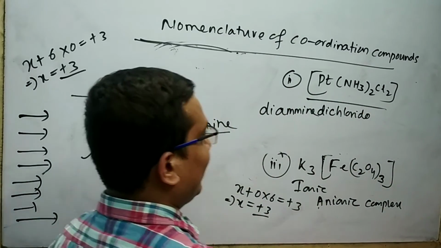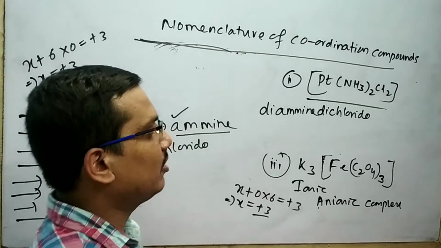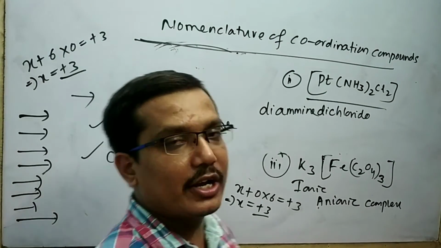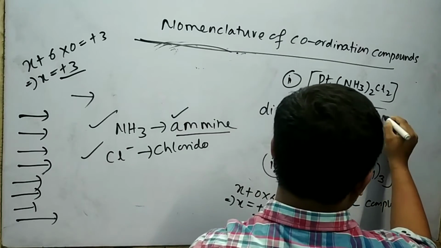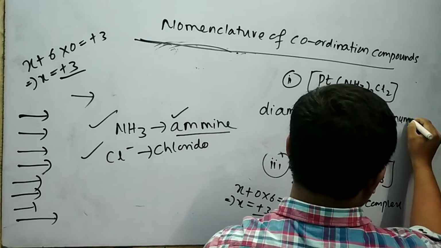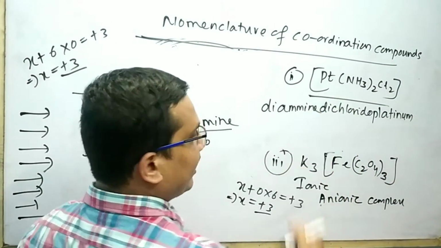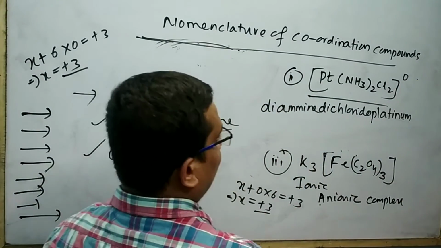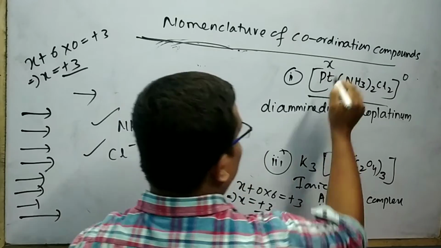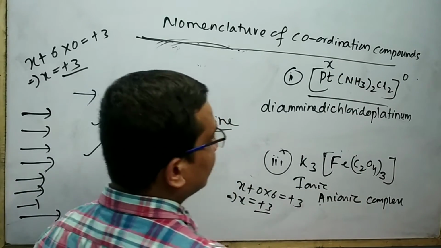Next I will write platinum because platinum belongs to the neutral complex. Diamminedichloridoplatinum. This is a neutral complex, so it is bound to write 0. Our aim is to find out the oxidation state of platinum.